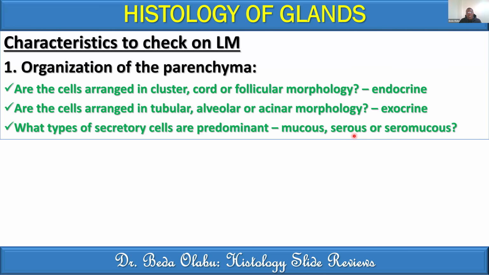The serous ones tend to stain with the hydrophilic dyes, and so they'll actually have a deep stain of the cytoplasm. Seromucus would mean that you have an almost equal, not exactly equal, but an almost equal proportion. Or let me use the term, you have significant contribution of both of them. So that becomes seromucus.